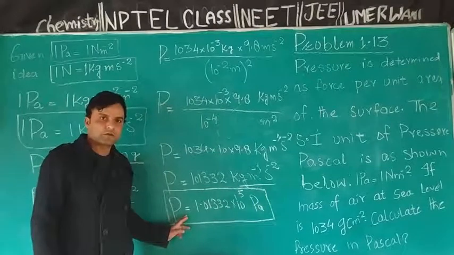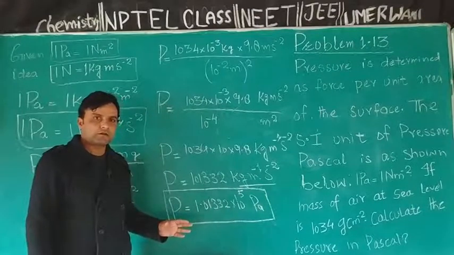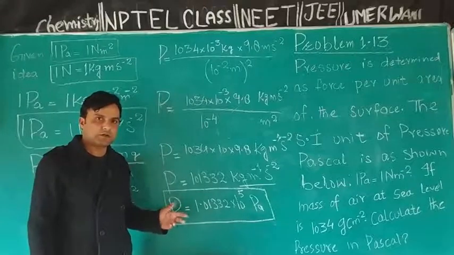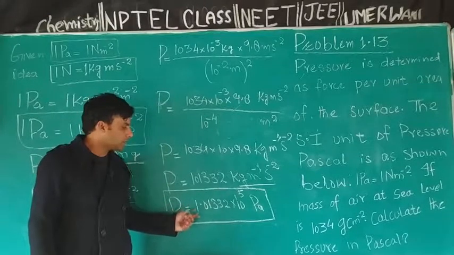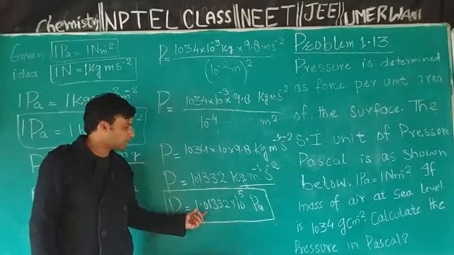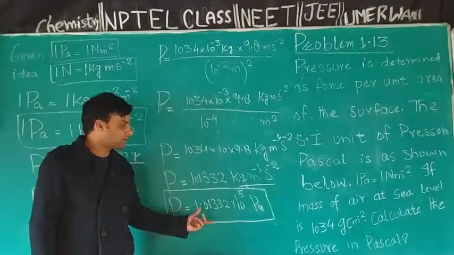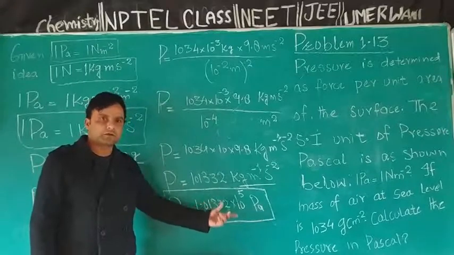Therefore, remember that at sea level, pressure due to air is equal to 1.01332 into 10 raised to power 5 Pascal.